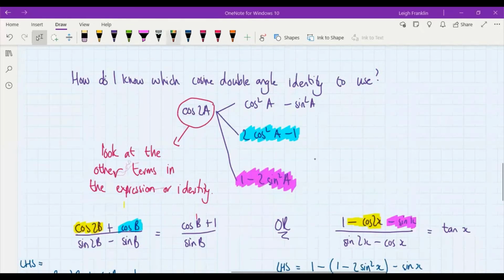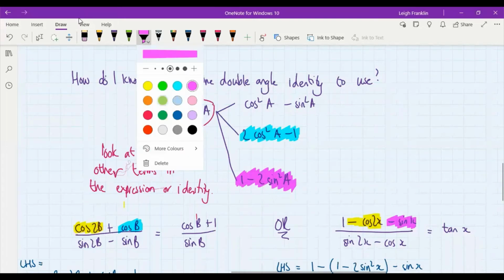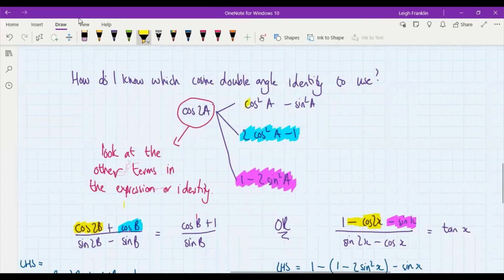If you see, let's just change the color. If you see, how would you know when to use this one? So generally speaking, with the one that I just highlighted in yellow, if you see sine x cos x next to one another like that, then it's also sometimes a good idea to use cos squared a minus sine squared a, and then you can make a trinomial out of this as well.